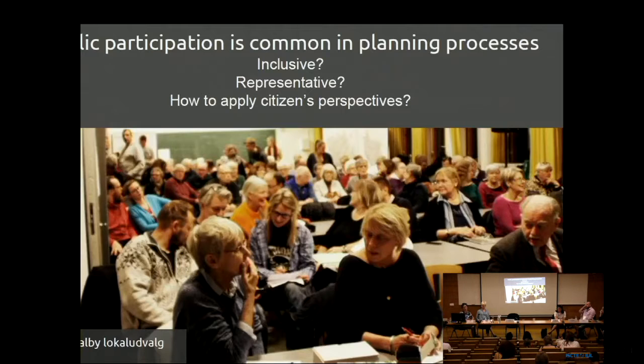They're probably not representative for all the people living in Copenhagen. And some planners have said as well that studies have shown it's sometimes difficult to use the information and the feedback from the citizens, from these public hearings, the classic ones, in their work. So we tried to see if GIS in public participation could answer some of these questions.